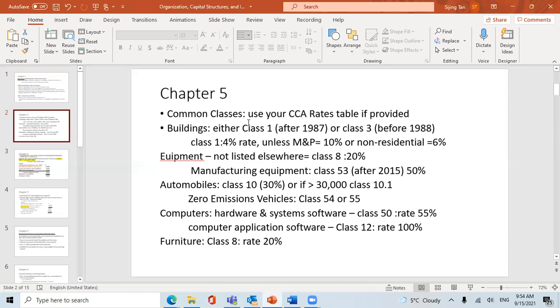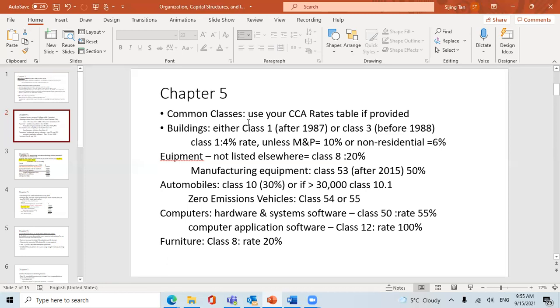There is also a new rule for zero-emission vehicles. They go to class 54 or 55, because these have a 100% deduction during the year. So that's a difference. Zero-emission vehicles that would normally be allocated to this class are allocated to class 54, a class that provides a 100% write-off in the year of acquisition. So there's a new rule.